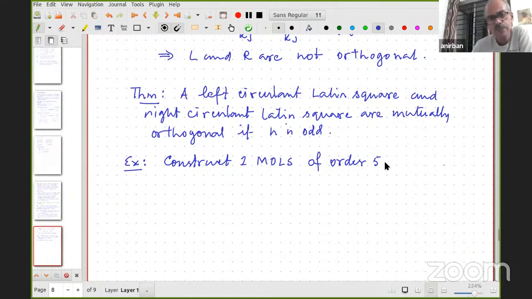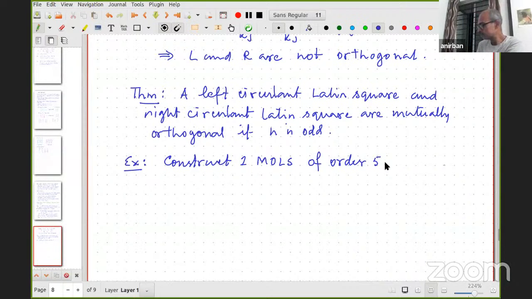That is just simple. You can take 0 to 4 for the first row of both of them, and then do this circulant movement, one right shift for one square and one left shift for the other square, and they would be orthogonal. You can put them together to solve Euler's problem in that case.